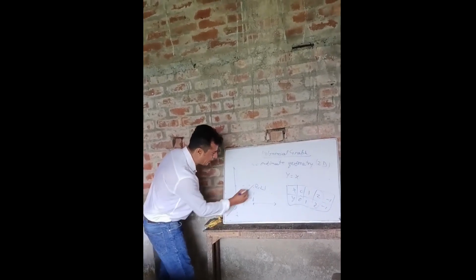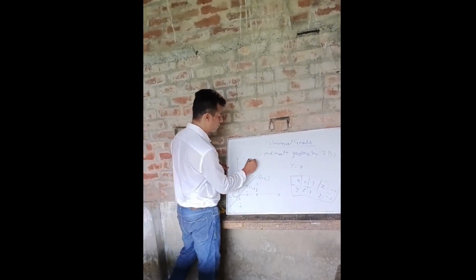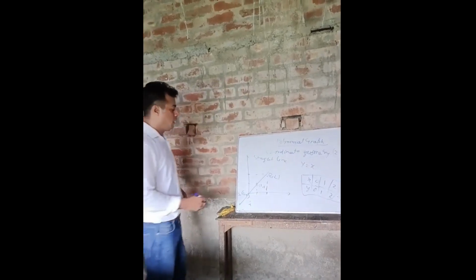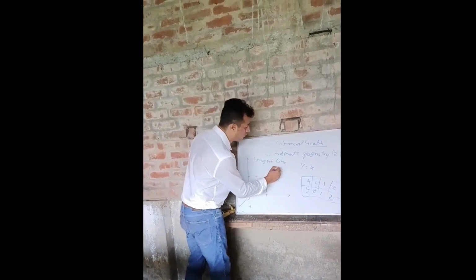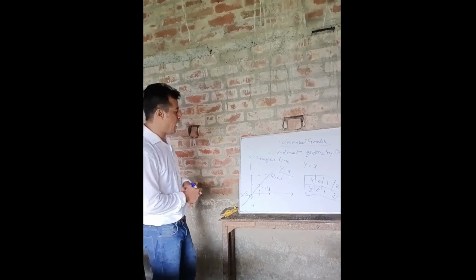we will get a straight line. This is the graph of the curve y equals x.